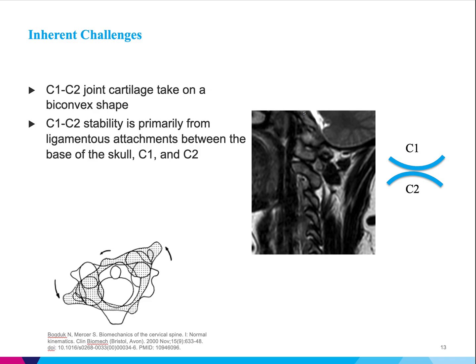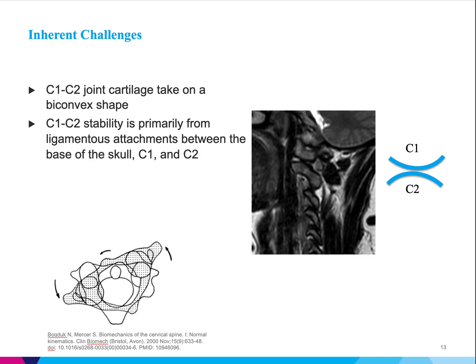And as you can see in the lower left of this image, as C1 rotates, the joints are not moving in unison. One side of C1 is moving anteriorly, the other side is moving posteriorly. So if you think about the shape of the cartilage, one side is moving up the slope on C2 while the other side is moving down the slope of the C2 cartilage. So this is adding in a tilt. C1 is also tilting on C2 as it's rotating.